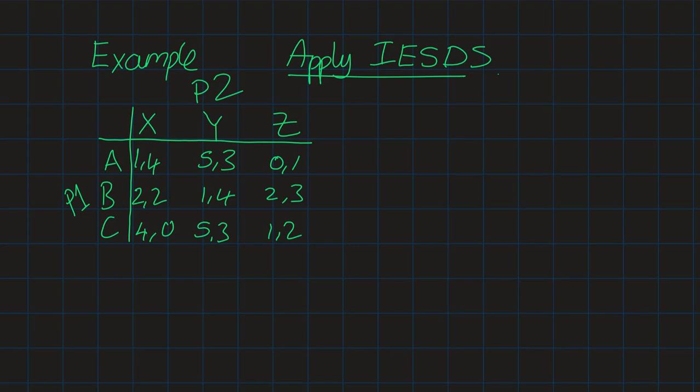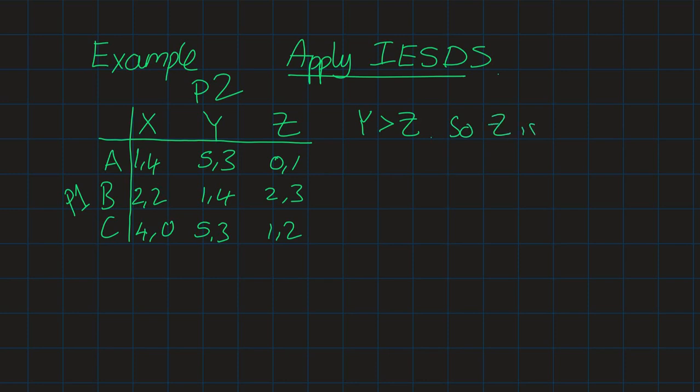Maybe I will compare x and y. So 4 is bigger than 3, but 2 is less than 4. Not good. Maybe I'll compare y and z. 3 is bigger than 1, 4 is strictly bigger than 3, 3 is strictly bigger than 2. That is good, because that means that y strictly dominates z.